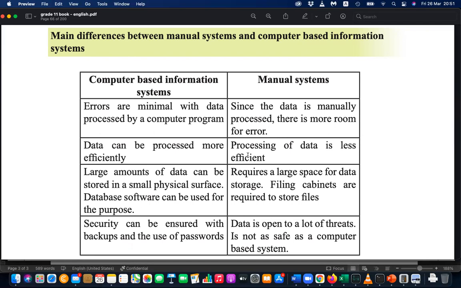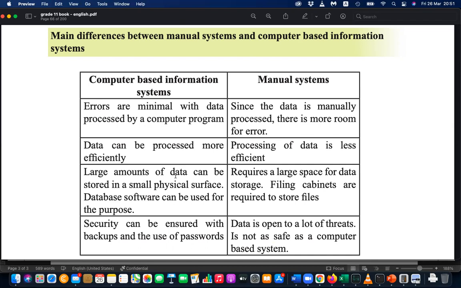But with the computer system, efficiency is really high. You have to remember these points: in a computer system, high efficiency and minimum errors. On the other hand, a manual system has more errors and lower efficiency because it's a manual process by people.